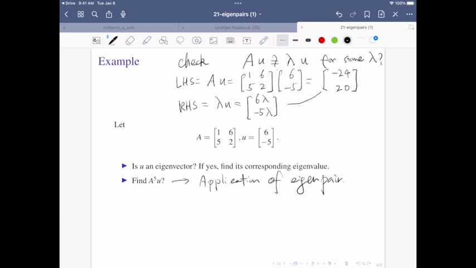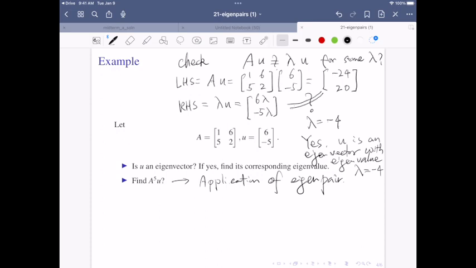So can we find some lambda that potentially makes this equal? The answer is yes. When we take lambda as negative 4, this equality holds. So yes, u is an eigenvector, with its eigenvalue lambda equals -4.